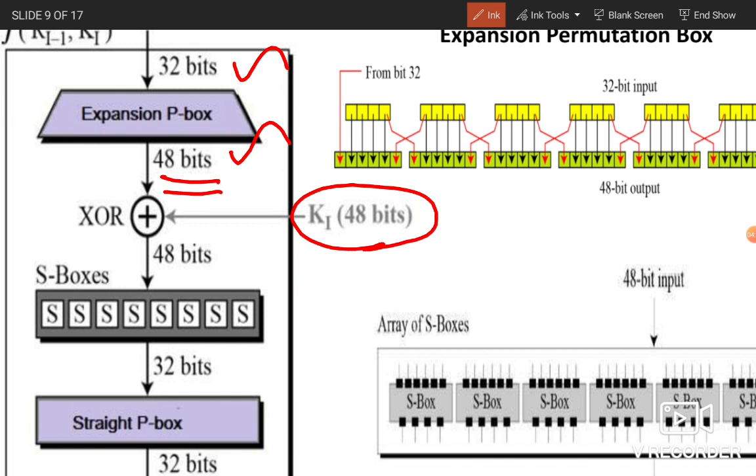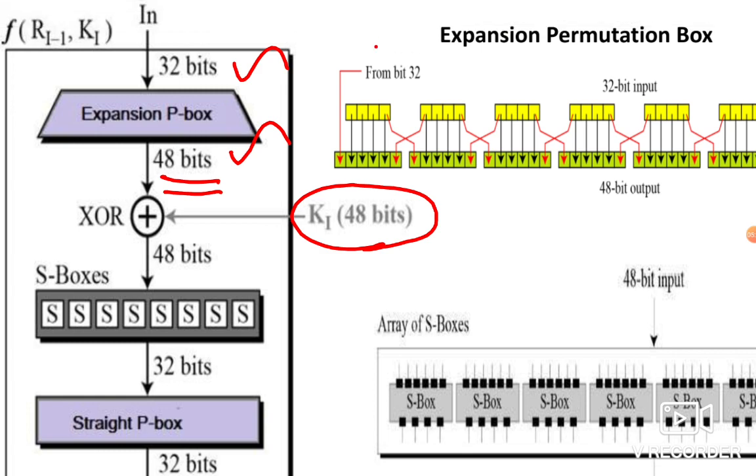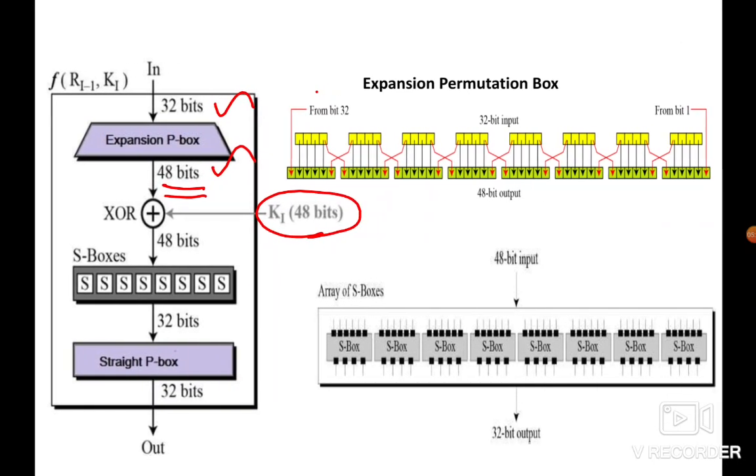So we expand our plain text to 48 bits and perform the XOR operation. Then it goes to the S box, that is the substitution box, where each bit is substituted by some other bit. And finally we go with one permutation and we get the output.